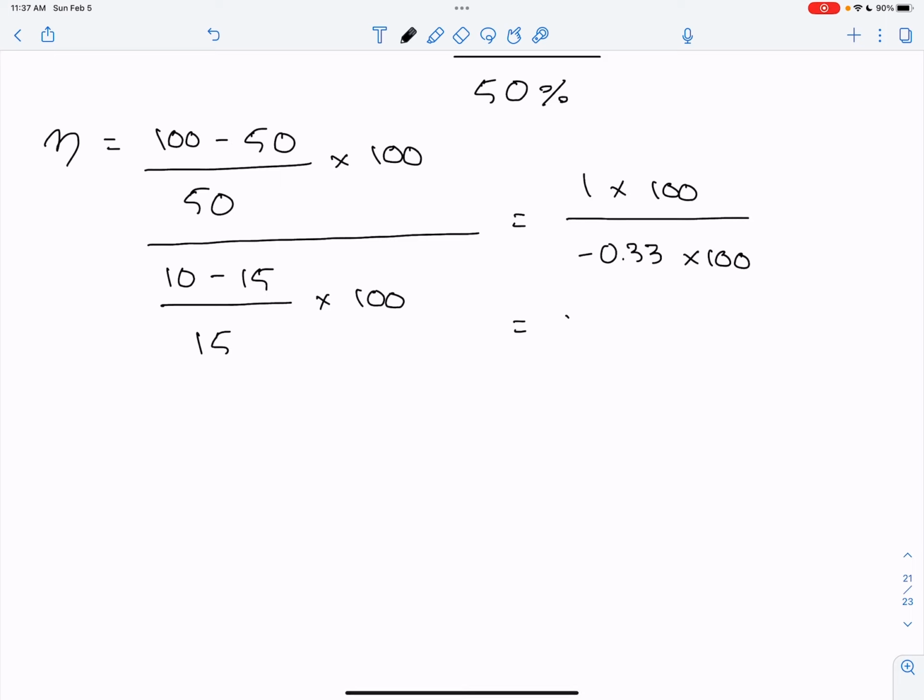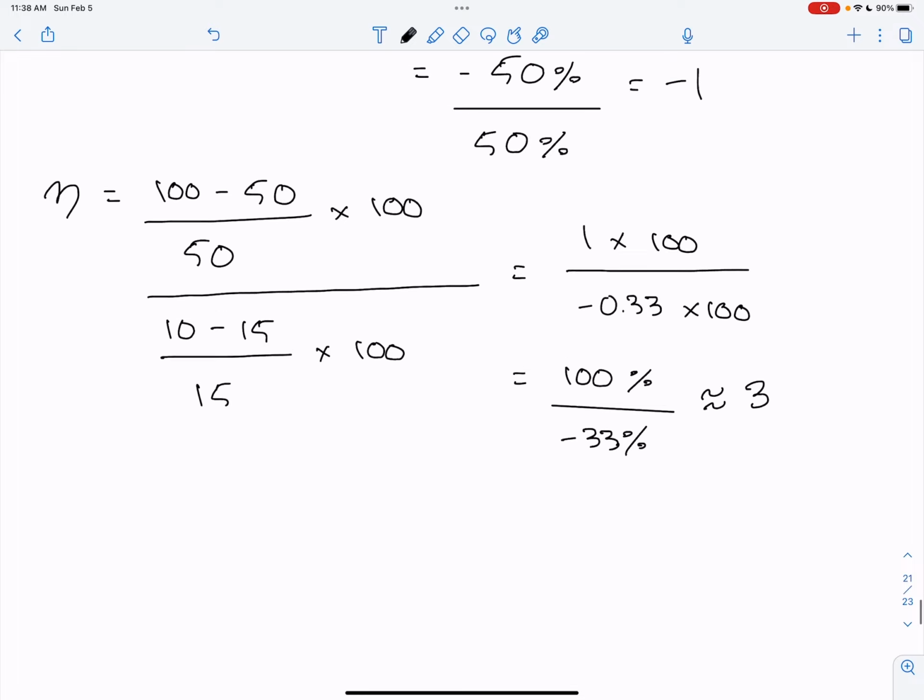So essentially we would get 100% on the top, and we would get a negative 33% on the bottom. And we would essentially get approximately 3 here. It would be 3.03, but we could write this as 3 approximately.